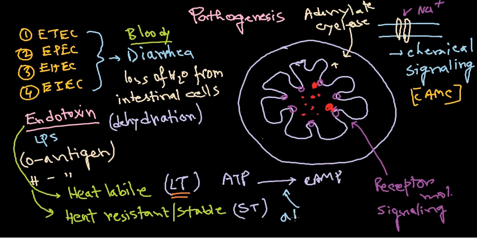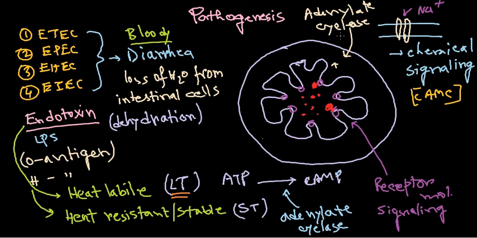Remember, adenylate cyclase. Okay. Now that's the usual case. Now what we can see, as a result of this binding of LT toxin to the receptor, it will make the concentration of adenylate cyclase rise.